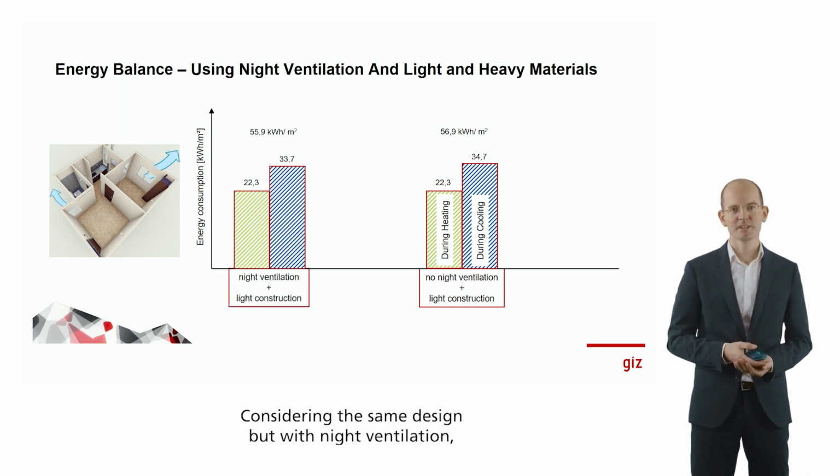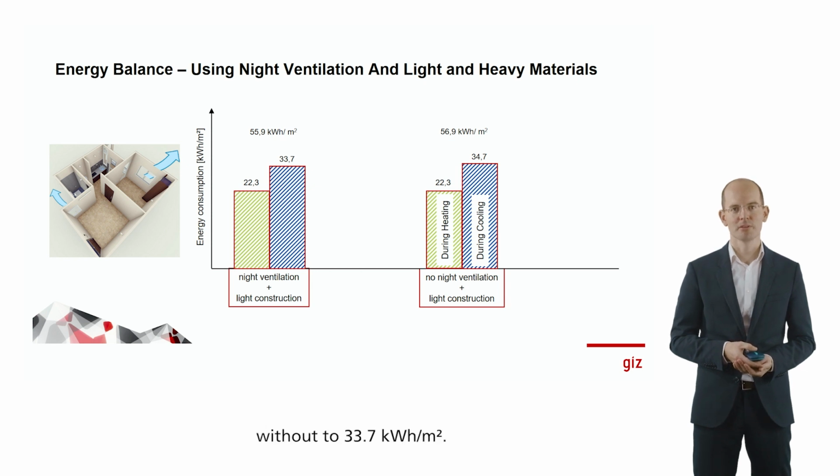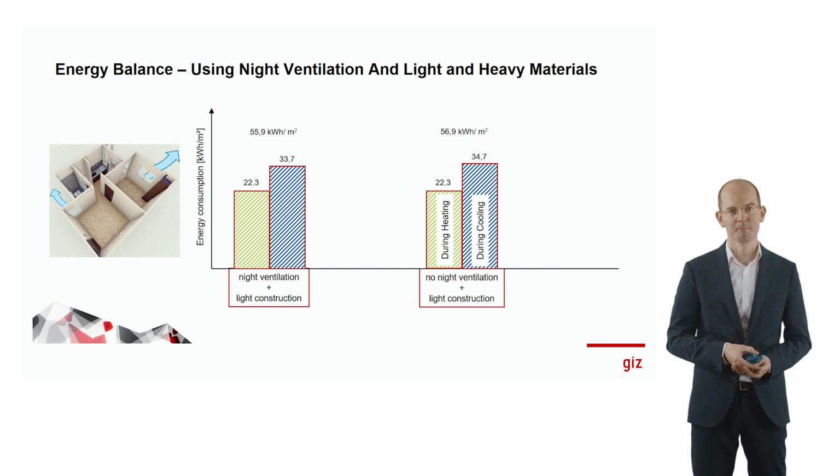Considering the same design but with night ventilation, we find that the cooling energy demand is reduced from 34.7 to 33.7 kilowatt-hours per square meter.